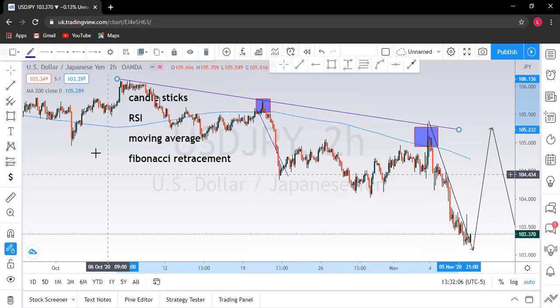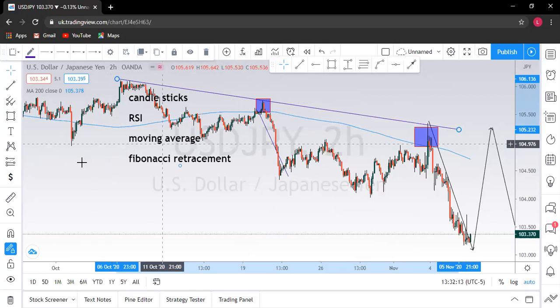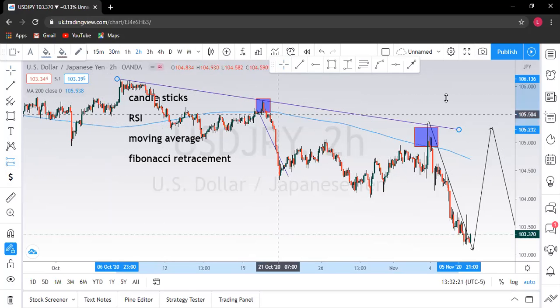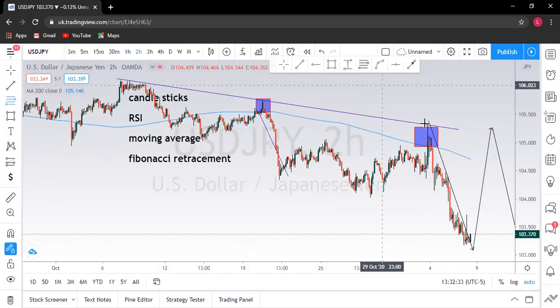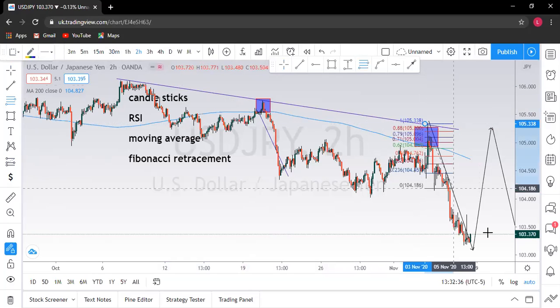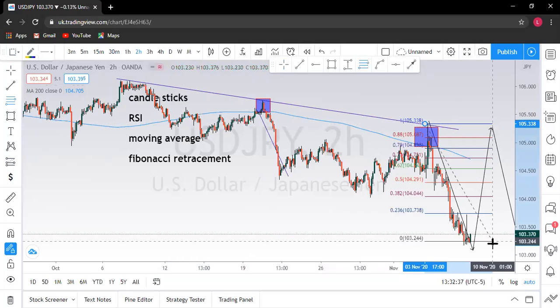That is why I gave you the candlestick as a confirmation, the RSI as a confirmation, the moving average as a confirmation, and the Fibonacci retracement as a confirmation. I explained what Fibonacci is in the previous class. Let's assume that this is a move. From this swing, take it down to where you think the market is about to reverse.